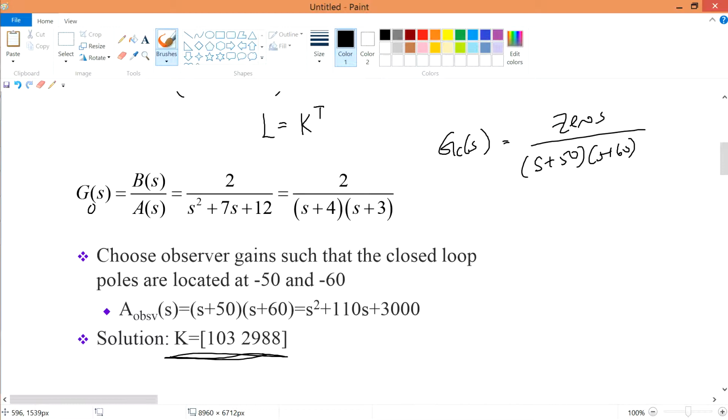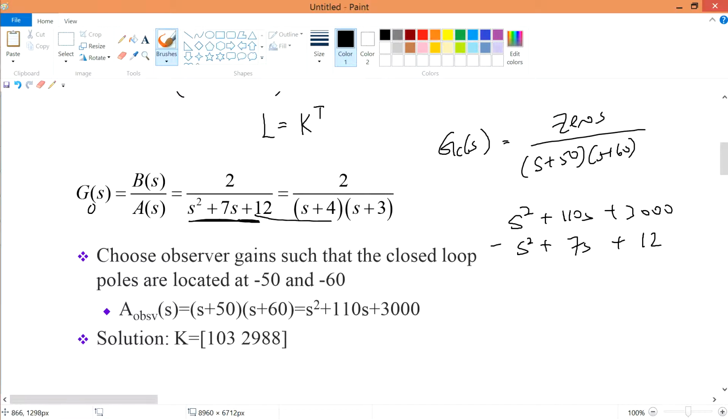K is simply s squared plus 110s plus 3000 minus s squared plus 7s plus 12. I'm taking the closed loop poles minus the open loop poles.